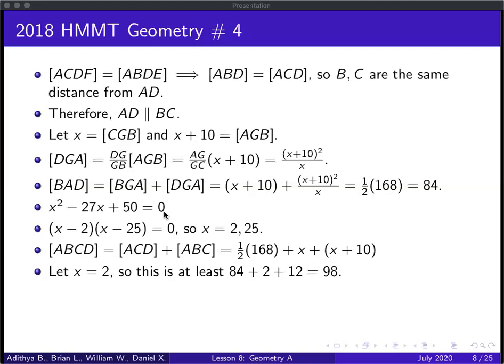But now we want to relate ABCD to this whole hexagon. Again, we'll take advantage of the fact that we have a lot of symmetry in this problem, because of these parallelograms.